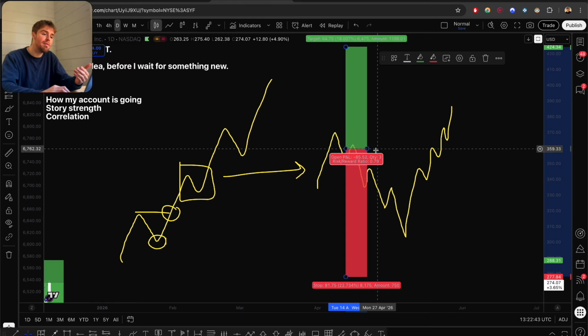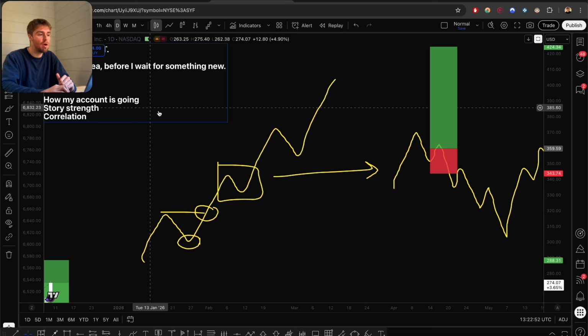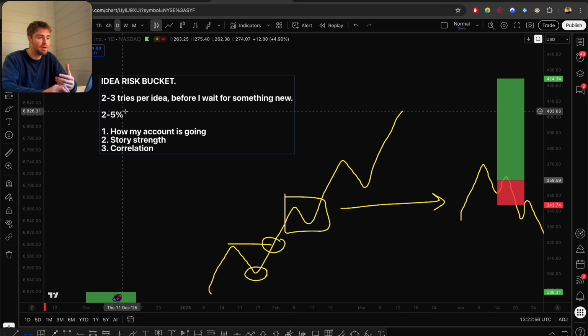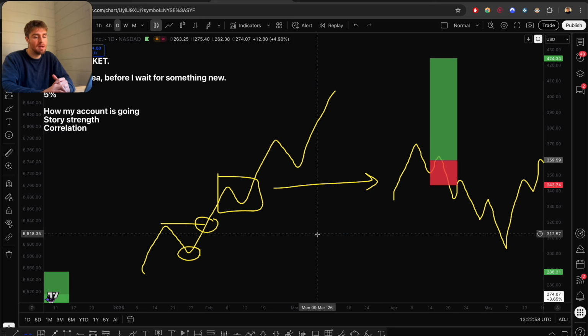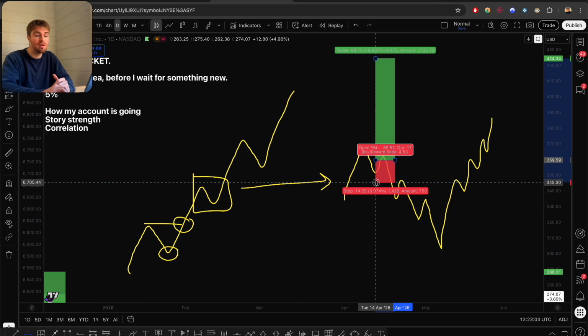It also means that the actual amount that you are risking can be different, because, for example, if we're here and let's just say we had that, 4% is our max idea bucket, right? Things are going pretty well. You're pretty confident in the stories. You're risking 4% overall. And so that means that per position, you were risking, let's just say 1%, because you were anticipating that your first position wasn't necessarily going to be right.